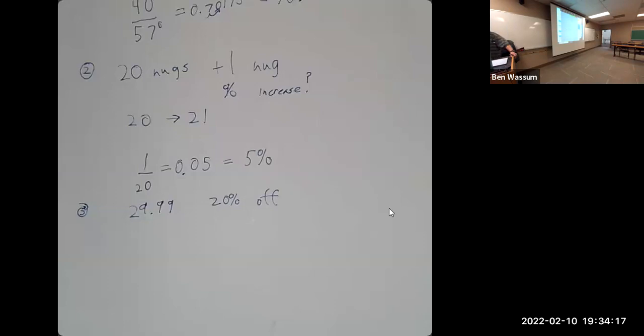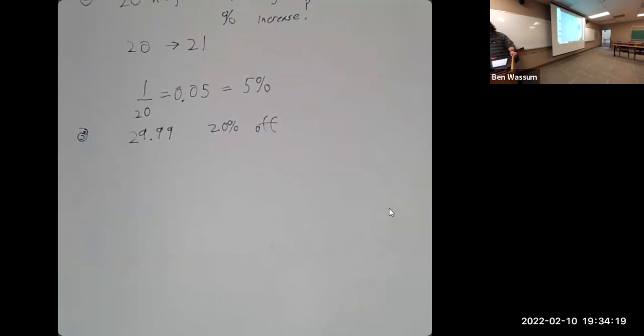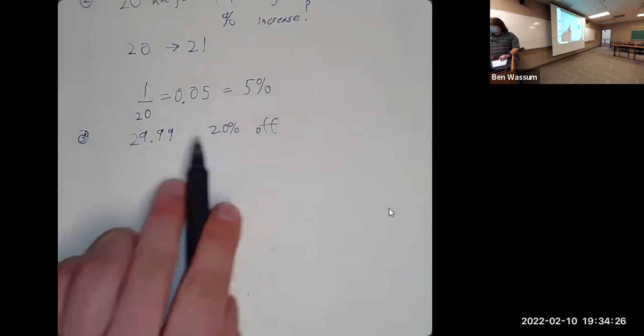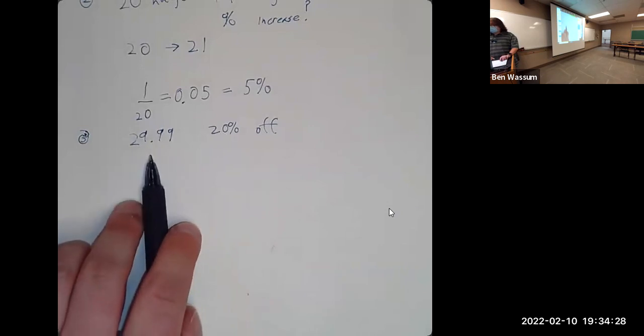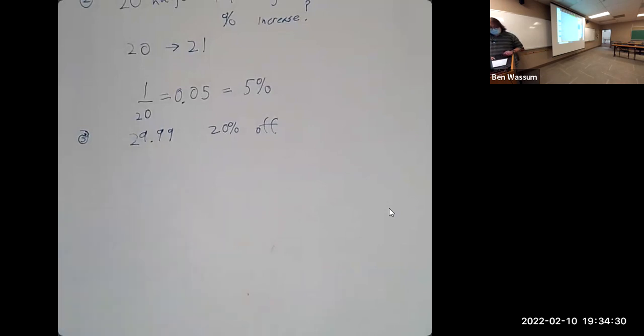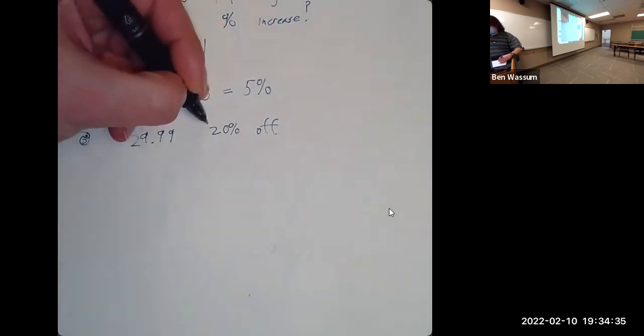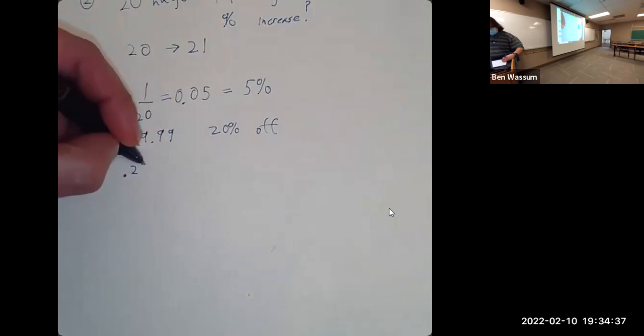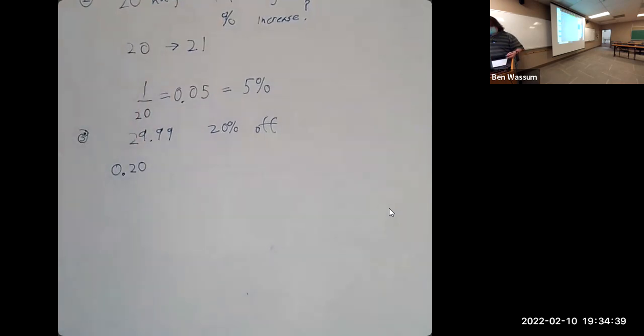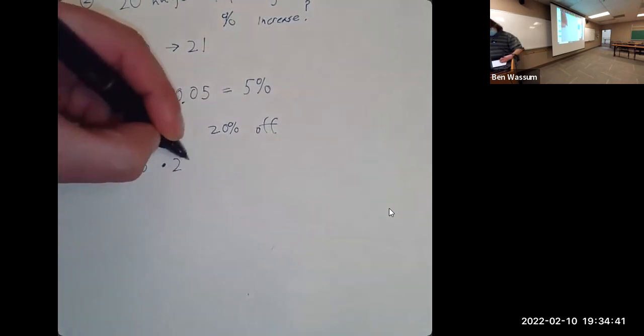Okay. So we have $29.99 and it's going to be 20% off. So we need to figure out what 20% of $29.99 is. So percentage times the whole. We convert that to a decimal, it'd be 0.20, right? Multiply that onto your original amount.